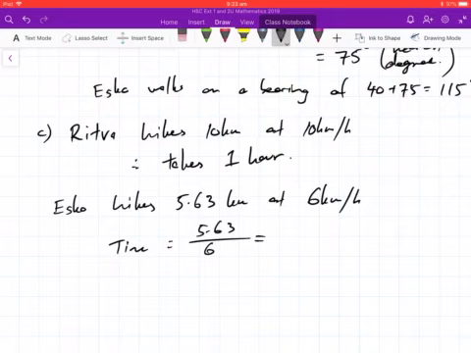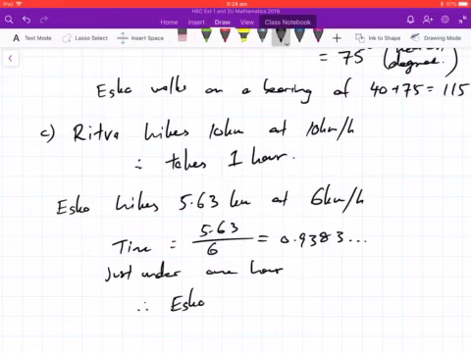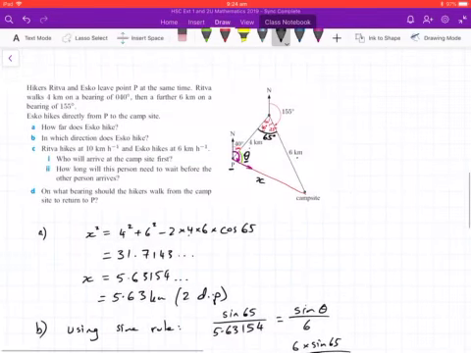Now if I change that to hours, minutes and seconds, it's just under 1 hour. Therefore Esko arrives first. So he's slightly quicker.